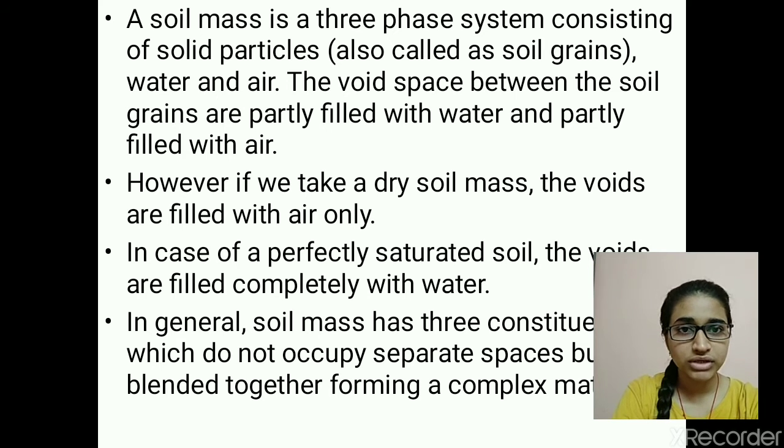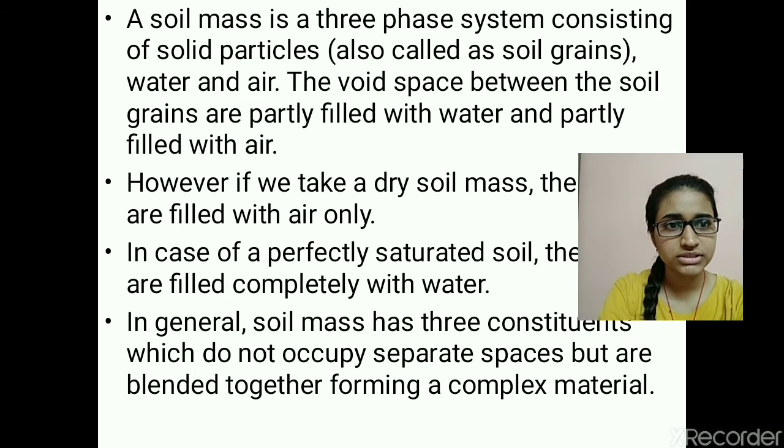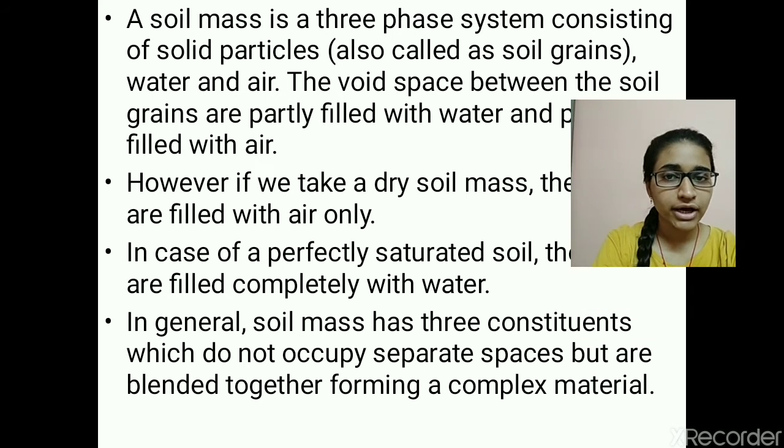So in both these cases, we have only a two-phase diagram of a soil: one part of solids and another part which may be filled with water in case of a perfectly saturated sample, and filled with air in case of a perfectly dry soil mass. In general, we can define that a soil mass has three constituents that do not occupy any separate space, but are mixed completely and together form a complex material.